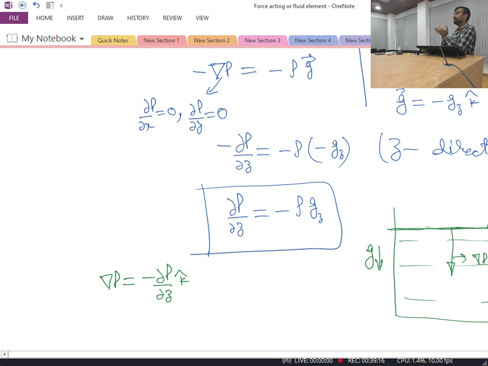From the fundamental mathematical understanding, the gradient vector always acts normal to the plane of constant value of the scalar. So if it is acting in the downward direction, whatever normal plane we get here, in the horizontal direction, will be a plane of constant value of the pressure.